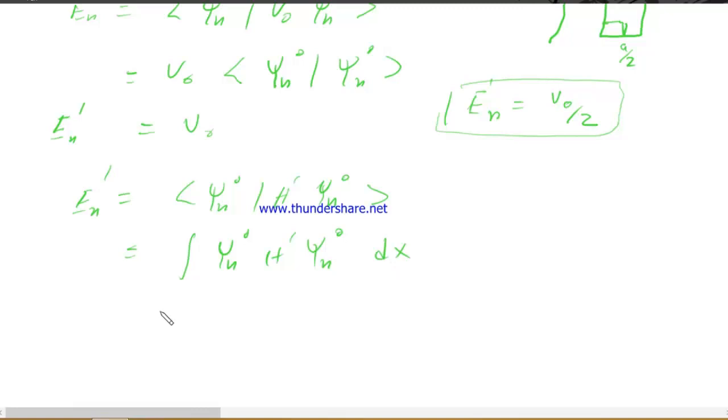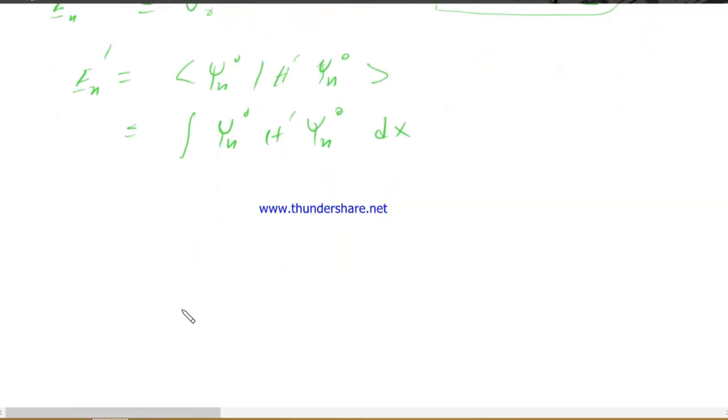Okay, now we can put in the infinite square well wave functions for the half case.